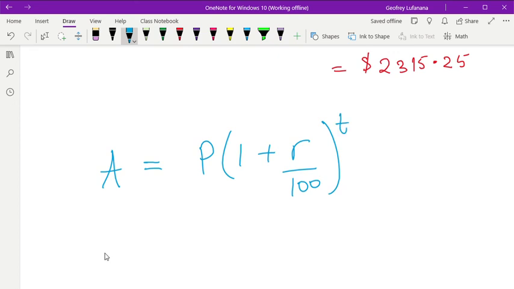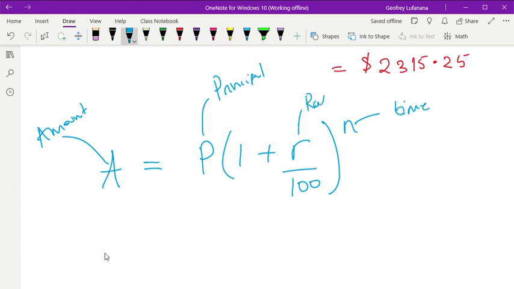In some textbooks you're going to find this to the power n, where A is the amount, P is the principal, and n is the time. The whole of this is the rate.